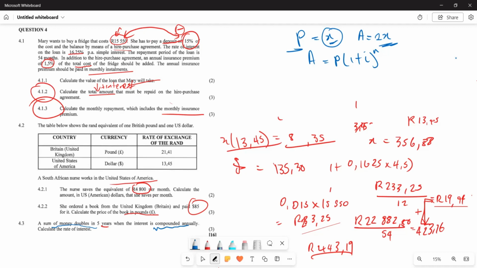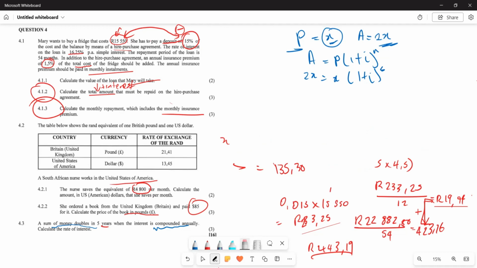So the accumulated value is 2X, while the principal amount is X, into 1 plus the interest, which is what we are looking for, to the power of 5.